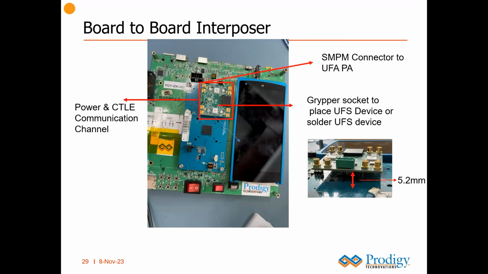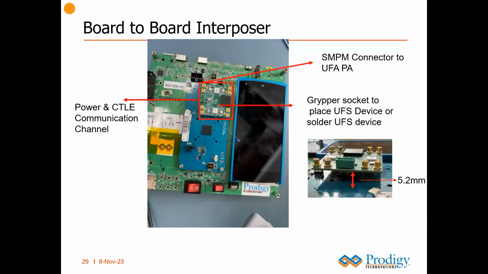So how we solve this problem is that Prodigy has developed a board-to-board interposer. There are two boards. There is one small board. The size of the small board is the same size as the UFS device. I think it's somewhere around 11 by 13 or something like that. It is exactly the same.